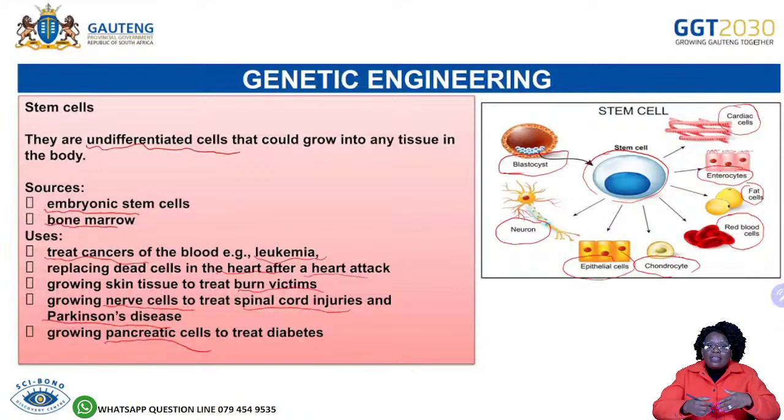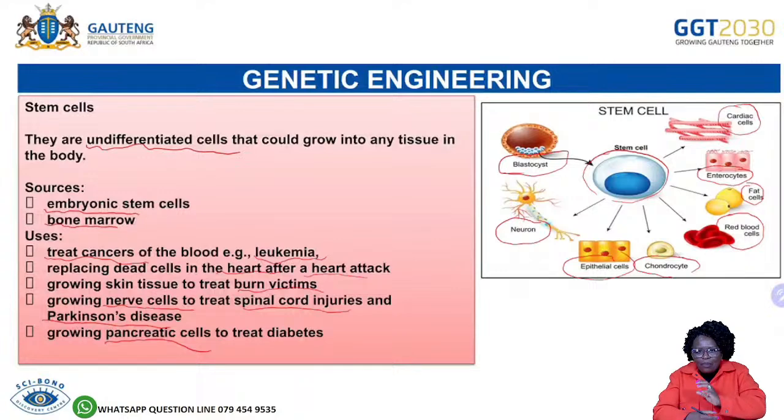Then later, when the baby is born, this baby has got all the expected organs. There's a small heart, the lungs are there, the limbs are there, the head and the brain is there. So can you see that from that very fragile stage of development of the blastocyst, differentiation will start to take place, where now we are going to have cells that clump together, and they are differentiated, and they go and form the small liver for this little one that is forming inside mommy's womb, and that's a fetus.